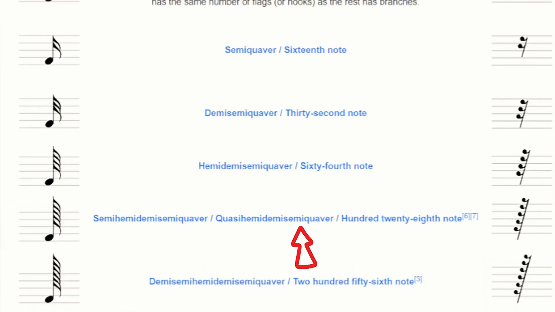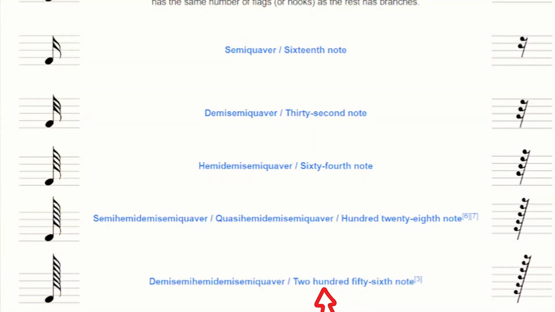A 128th note or semihemidemisemiquaver equals 1/32 beat. Believe it or not, we even have a 256th note. Listen to this, it is called a demisemihemidemisemiquaver, which is worth 1/64 beat, though it is rarely used.